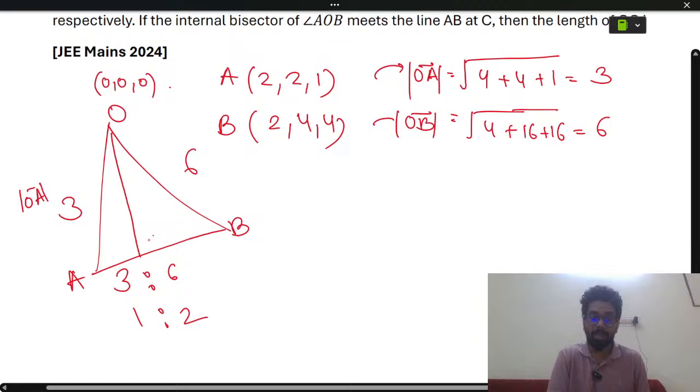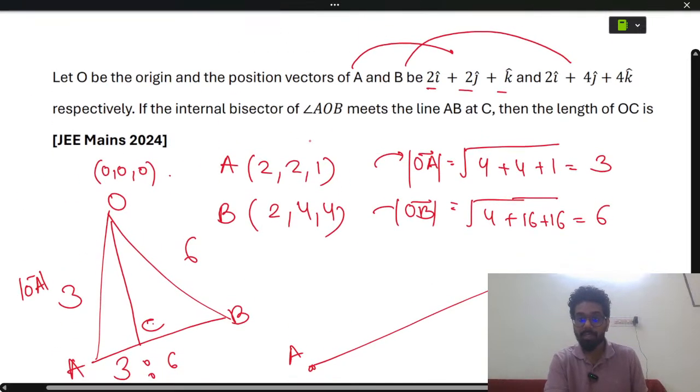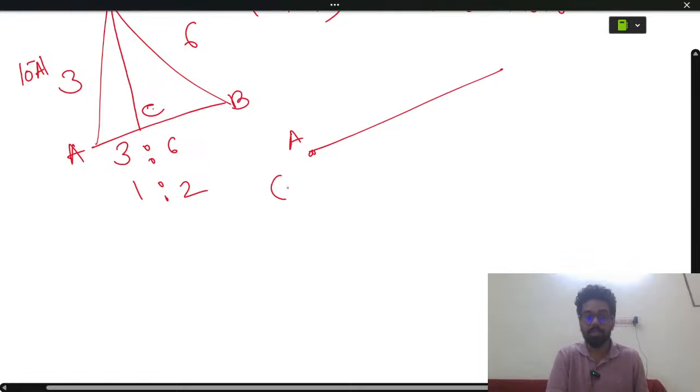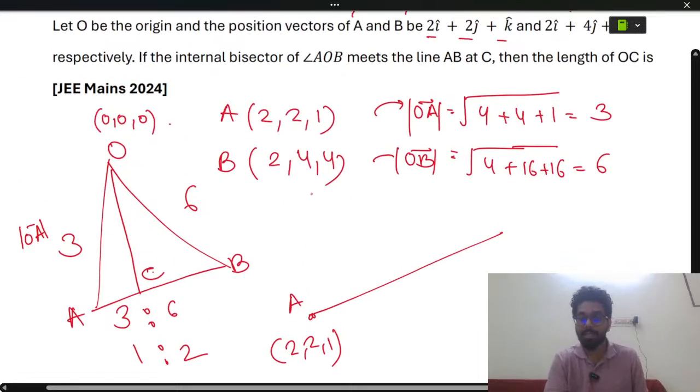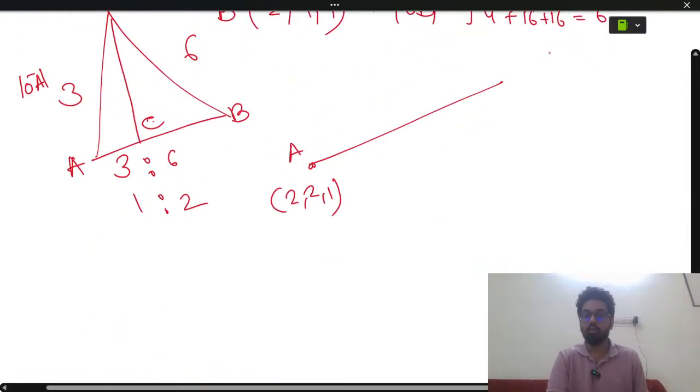Now let's call this point C. So I can calculate. Now here you understand. We know the point A: A is 2, 2, 1. And B is 2, 4, 4.